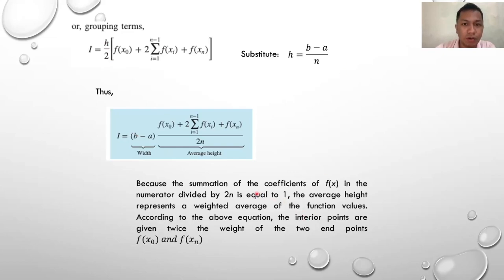Because the summation of the coefficients of f of x in the numerator divided by 2n is equal to 1, the average height represents a weighted average of the function values. According to the above equation, the interior points are given twice the weight of the two endpoints, that's f of x0 and f of xn.